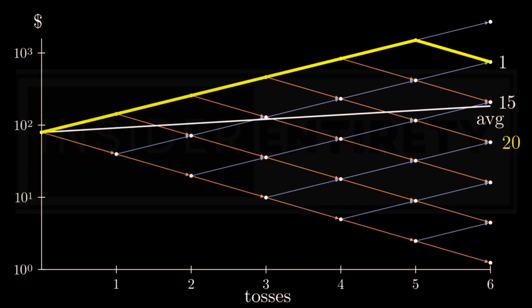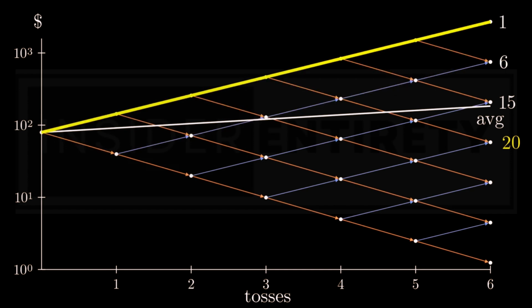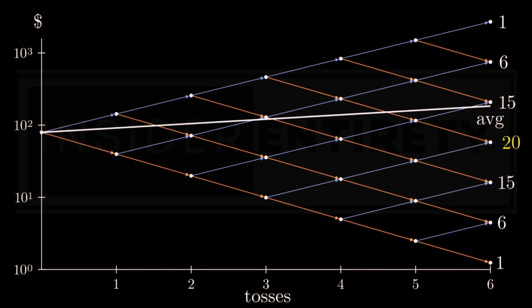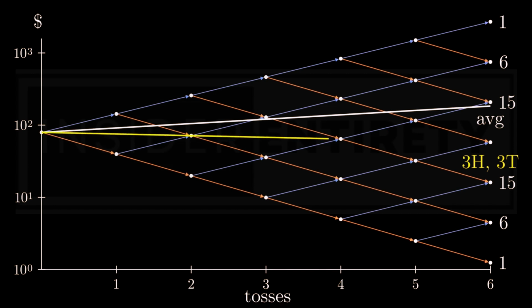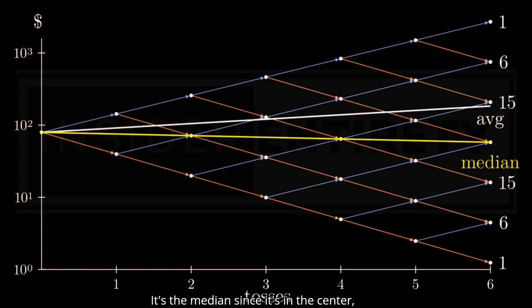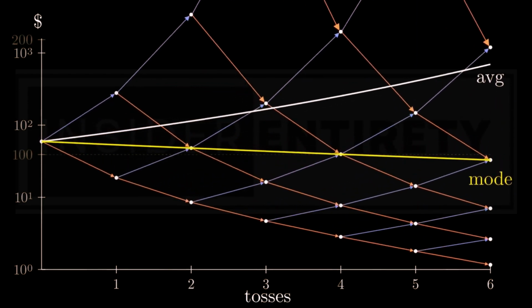And so on. Same applies to the other half. Half heads, half tails occurs the most, 20 times. It's the median since it's in the center, and the mode since it's most common. Now let's exit the logarithmic view.